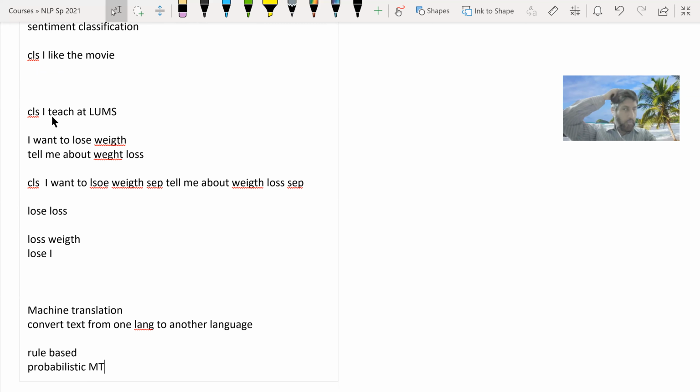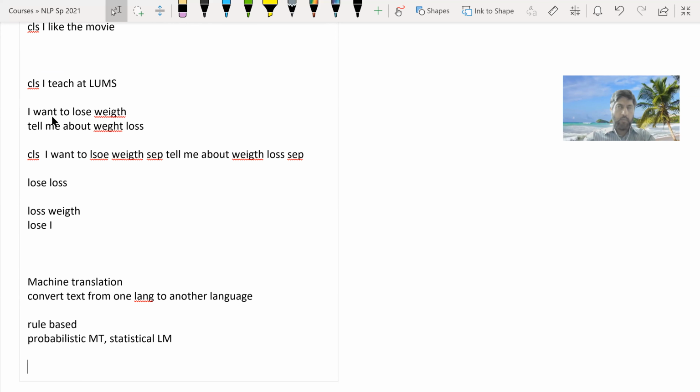Probabilistic machine translation used ideas similar to what we had studied in probabilistic language modeling. Sometimes this was also called statistical language modeling. The idea here was trying to find correspondences or statistics between a parallel corpus.